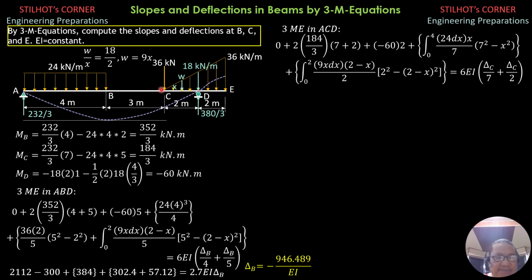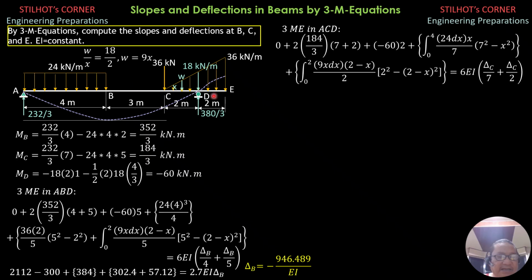Likewise, for 6 area times b over L2, it consists only of this triangular loading. So remember, w is 9x, so 9x dx, then the distance here is 2 minus x divided by span CD, which is 2, quantity 2 L squared minus b squared, where b is 2 minus x quantity squared. Then this equals 6 EI if the horizontal line through C is here.